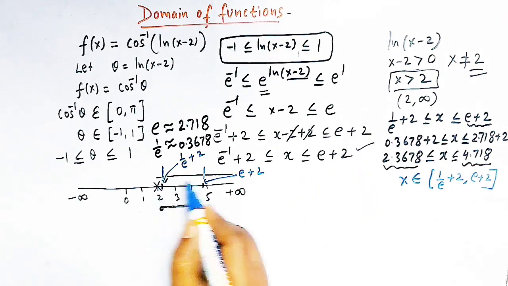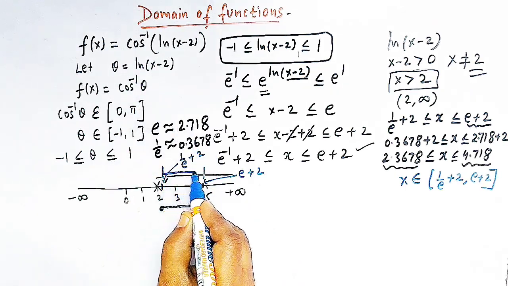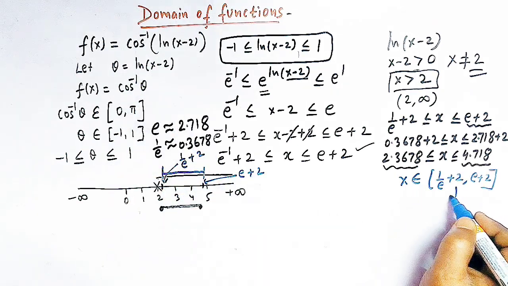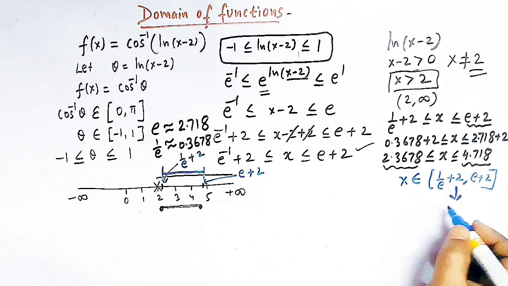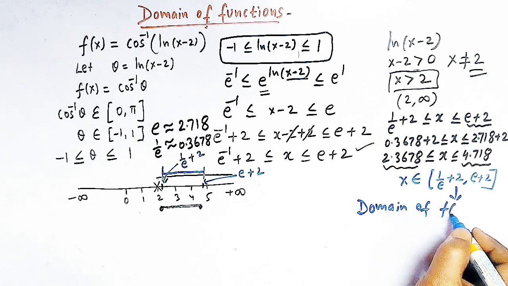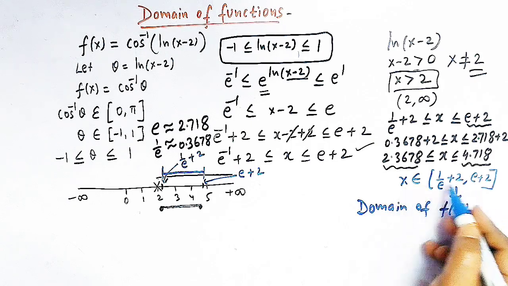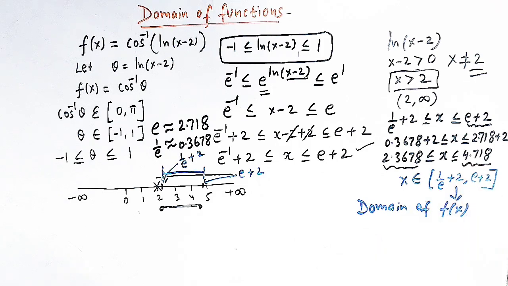So the domain of this function is given by this region. So this interval which is closed from both the ends gives us the domain of f of x, and the domain is given by this interval 1 over e plus 2 to e plus 2.